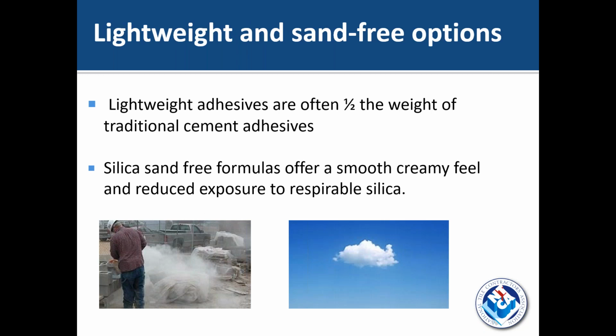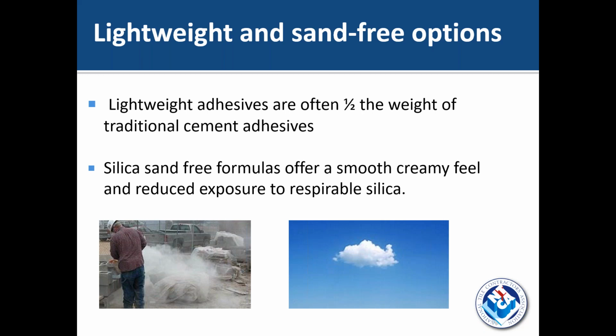Some of our newer technologies are lightweight and sand-free options. More and more products are coming out that are lightweight. Obviously, it's easier for the installer. A traditional bag is 50 pounds, and lightweights are usually between 30 and 25 pounds, so about half the weight.